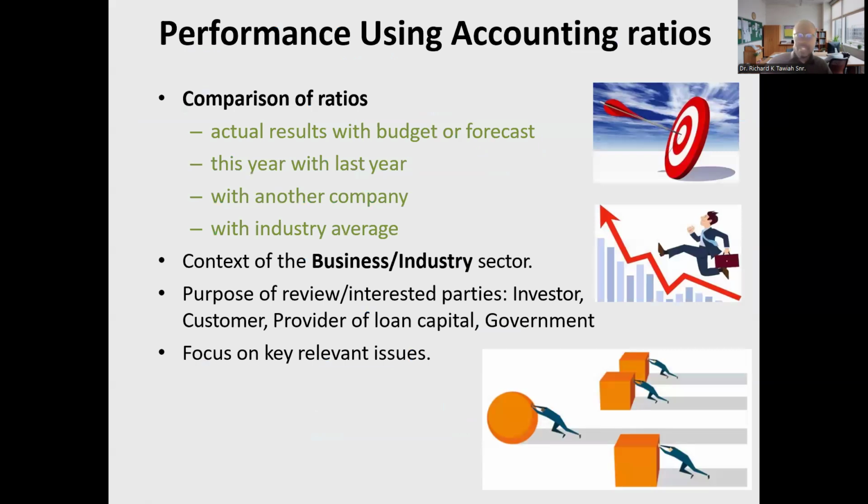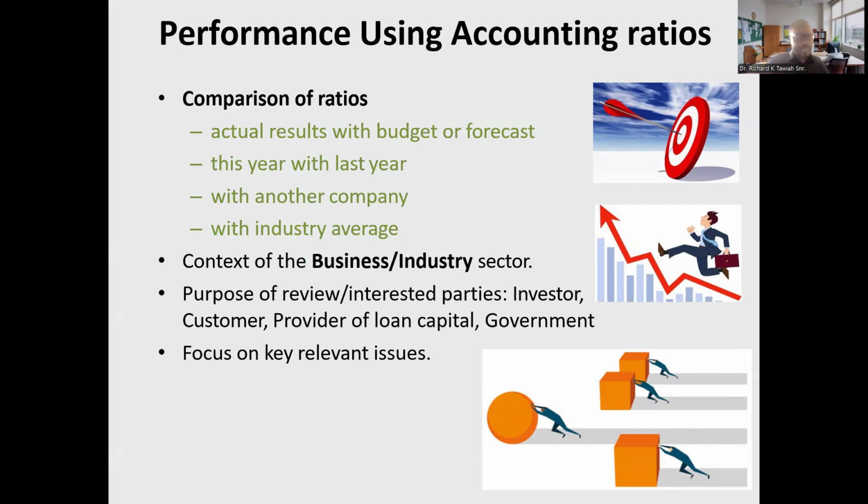Now I'm wrapping up, but let's look at this. How do you do the comparison to see if the company is doing well or not? It's not just okay to get the numbers. When you get the ratios, compare them. So these are some of the analyses you should do in a typical assessment. Compare whatever you've calculated, the figures, with a budget or a forecast. Are we within? Are we falling off?